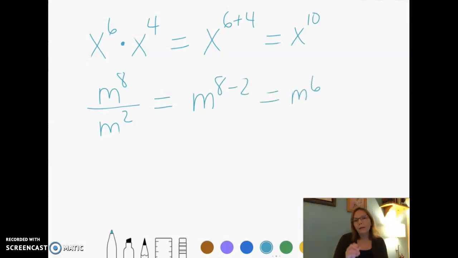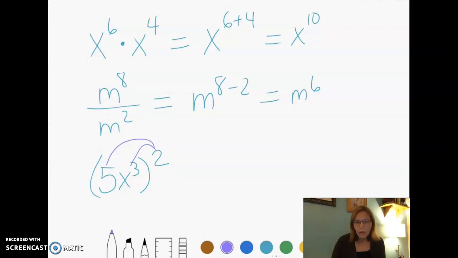And when you have exponents on exponents, so I might have 5x to the third, all of that squared. So this time we multiply exponents, but remember, this has to go on everything inside my parentheses, not just the variable.